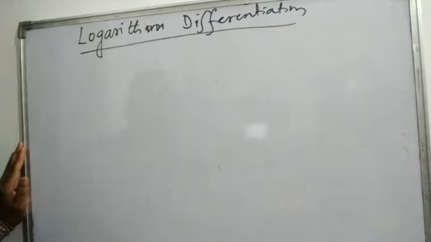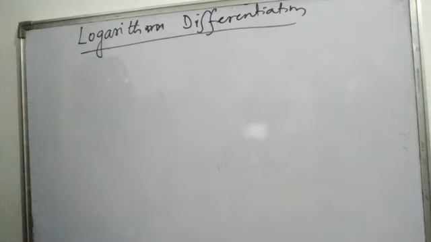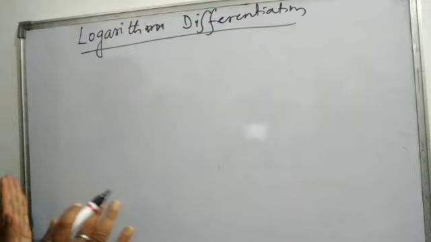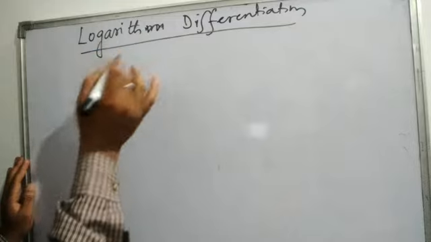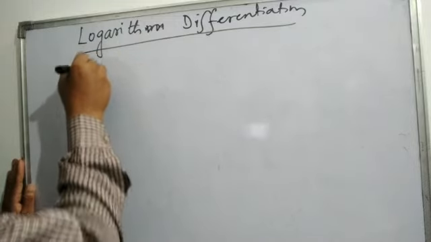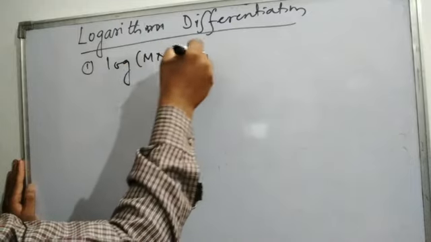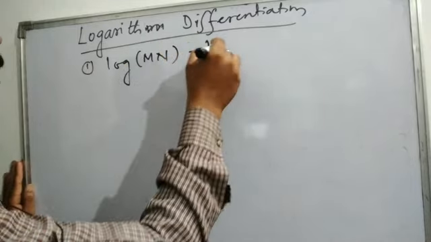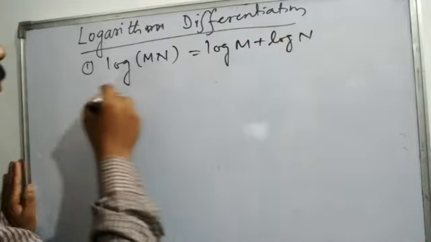Now I'm going to discuss differentiation using logarithms, that is, whenever you use the logarithm to find the derivative. Before that, I will discuss the three formulae of the logarithm. We know them very well. First, log of m into n, that is a product, will be log m plus log n.